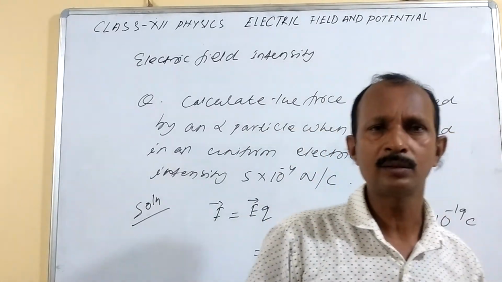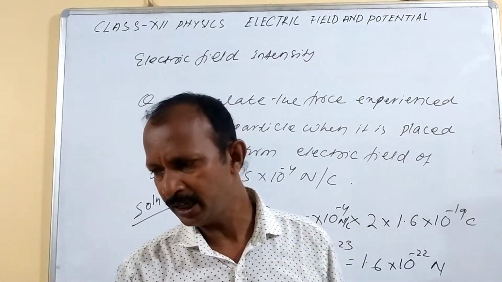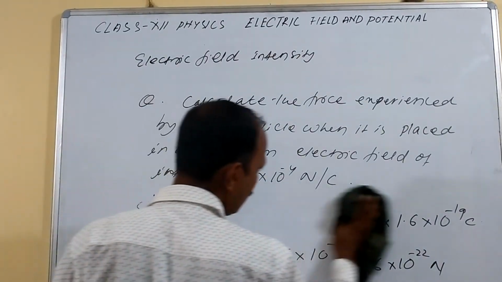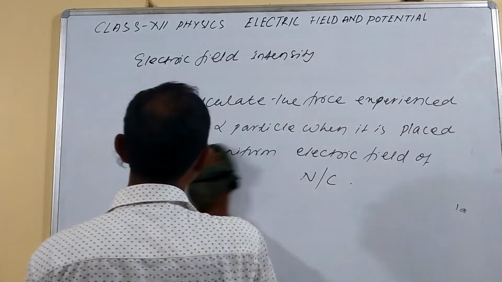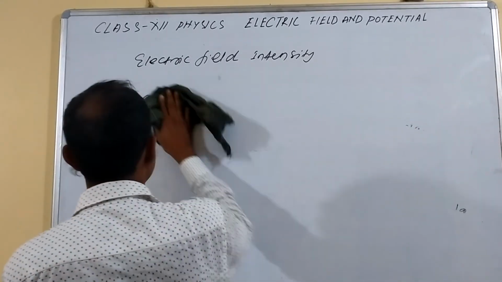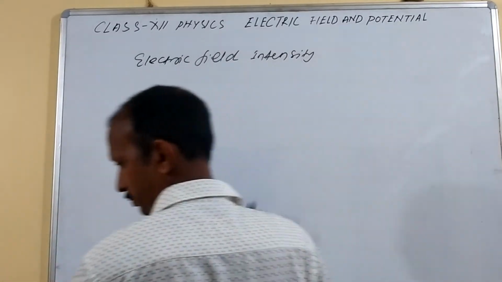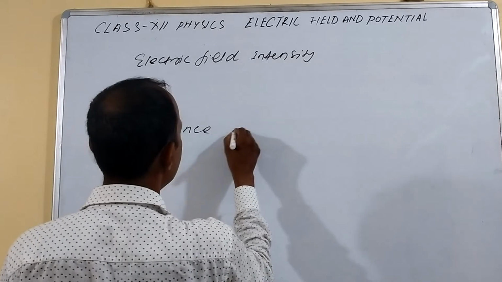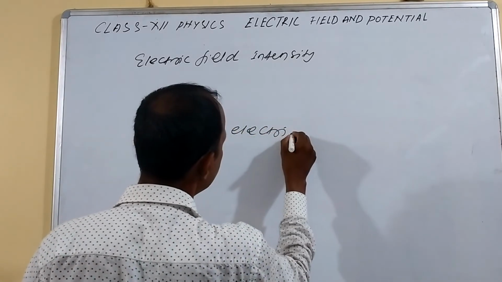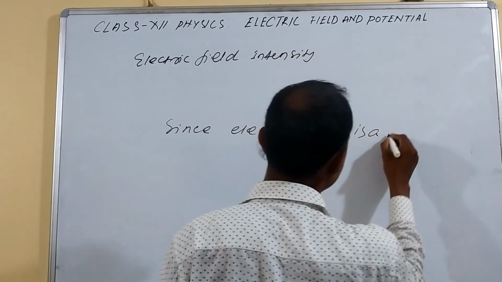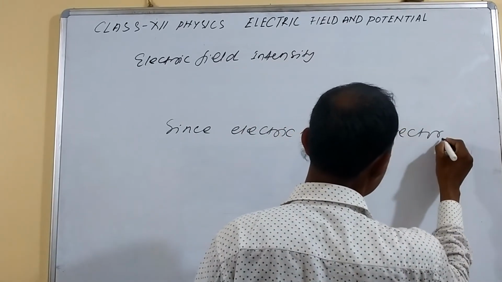And one thing I want to say is that since electric field has a direction, the net electric field can be calculated vectorially, since electric field is a vector.